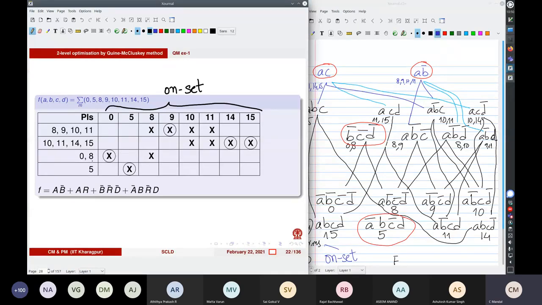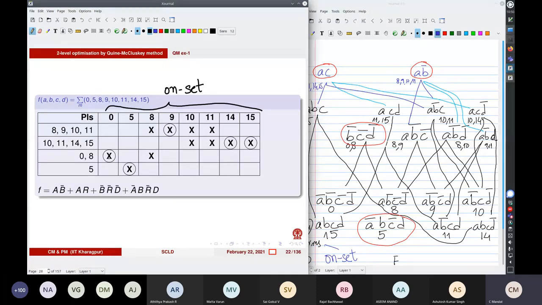Now what you find is that 0, 8 is the only prime cube or prime implicant to cover 0. So you have to keep 0, 8, because if you don't keep it, this cube which is 0 will not get covered.